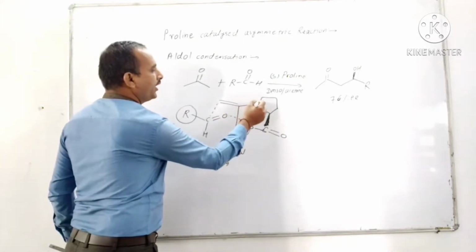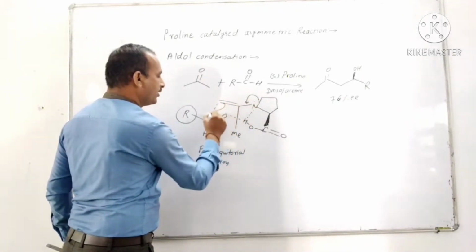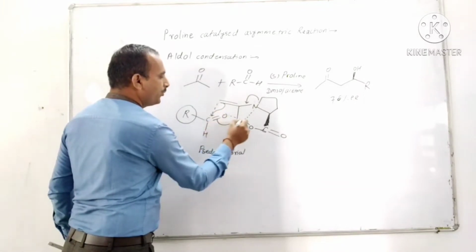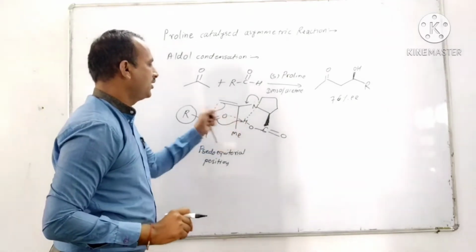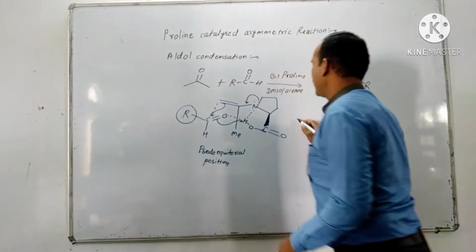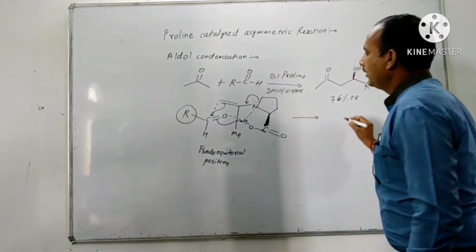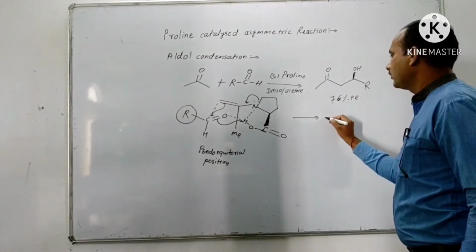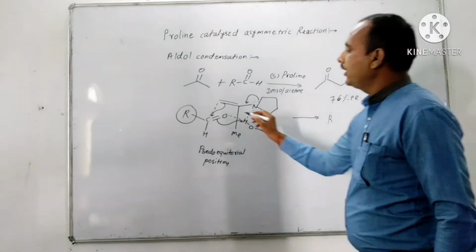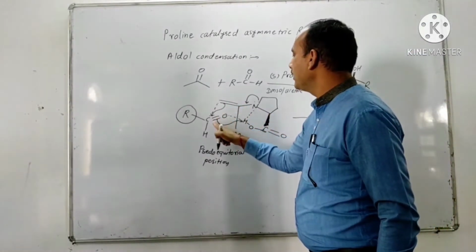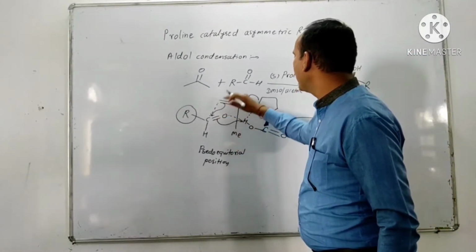Then the lone pair is delocalized, the double bond attacks the carbonyl, and it takes the proton, so there is formation of OH, and on hydrolysis it forms the product. Now in this case, this OH is present above the plane.